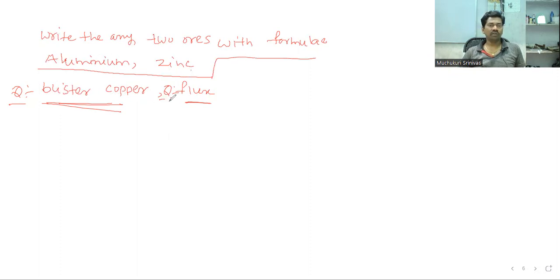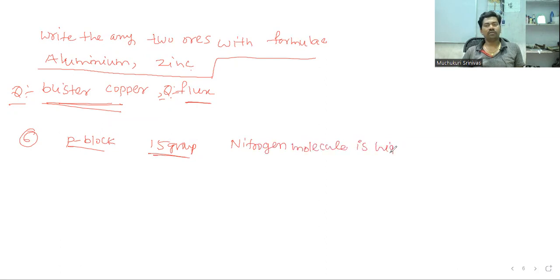Blister copper and flux. The next chapter, sixth chapter, p-block elements. 15th group. In the 15th group, nitrogen molecule is highly stable.